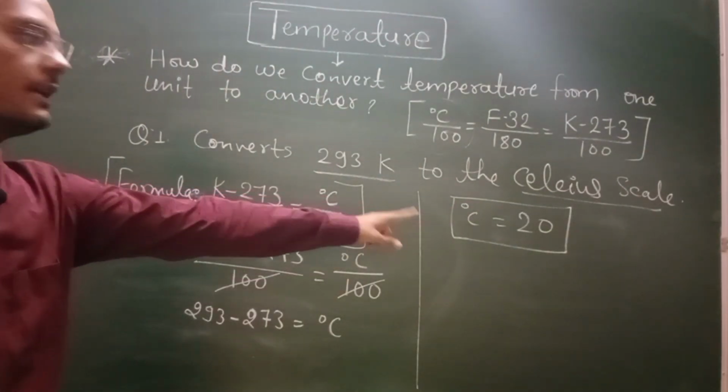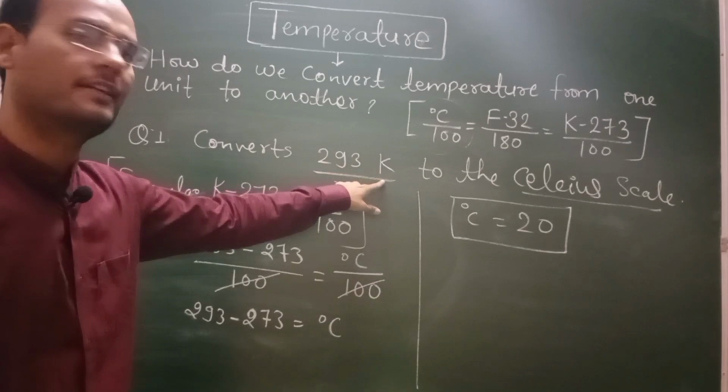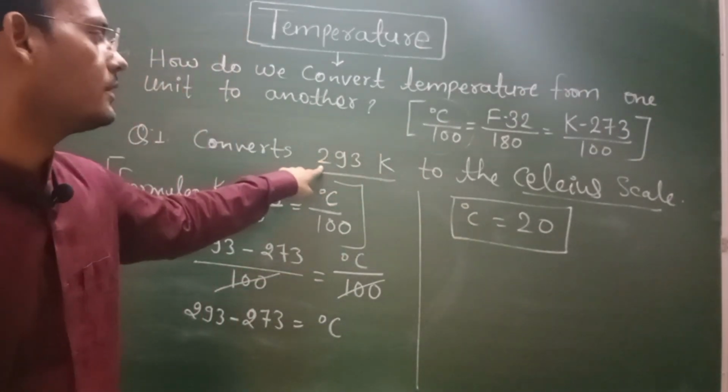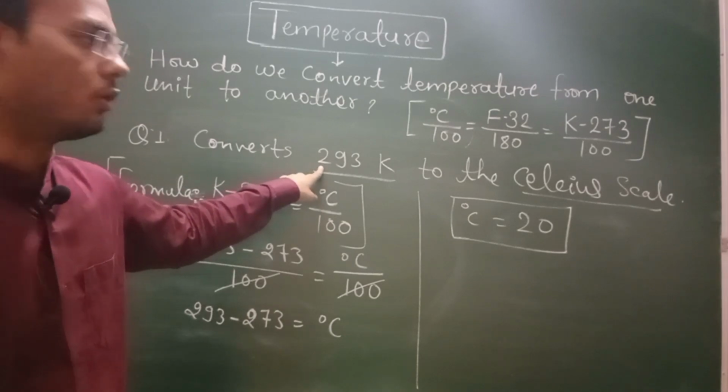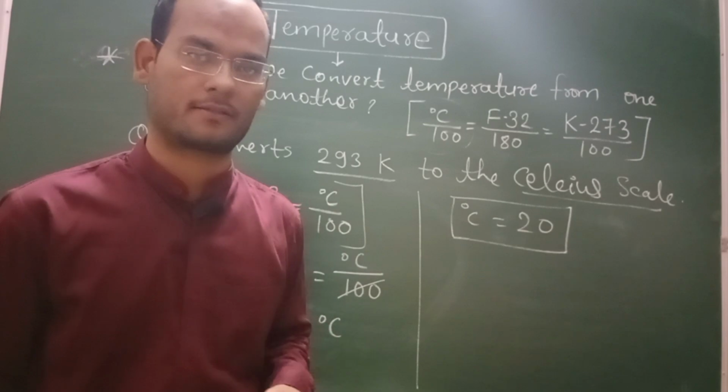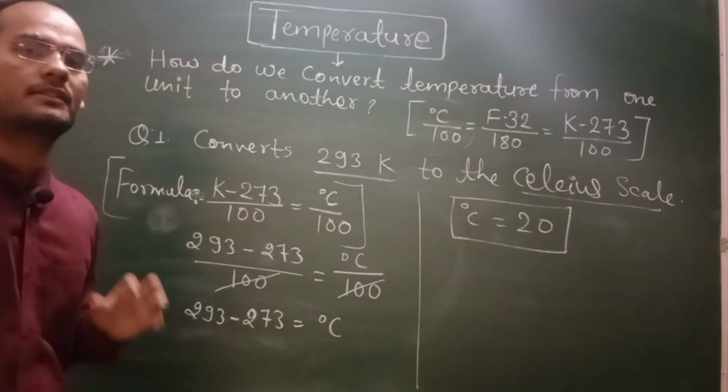We have converted the 293 Kelvin temperature into degrees Celsius. So this temperature shown in the Celsius scale is 20 degrees Celsius. Clear? We will now understand the next type of question.